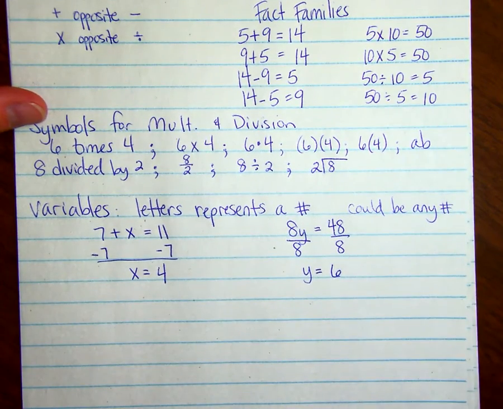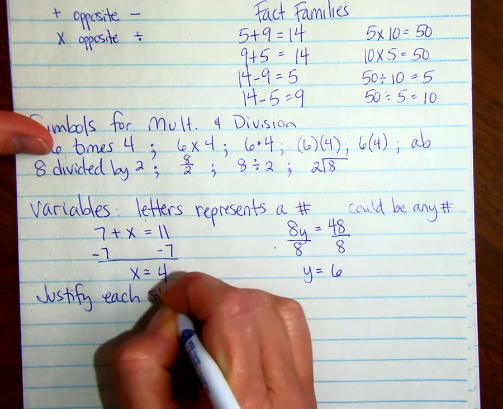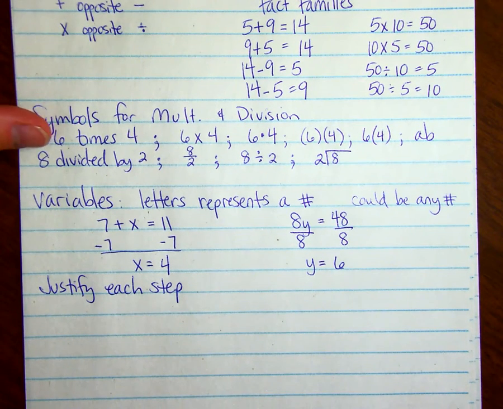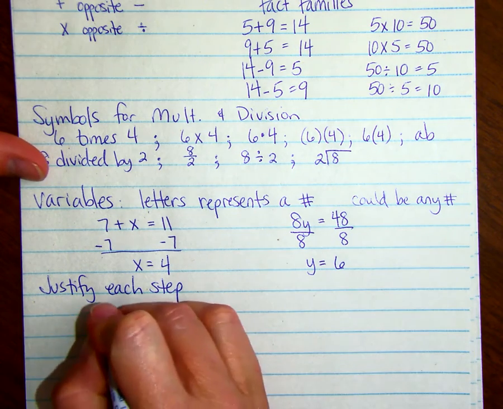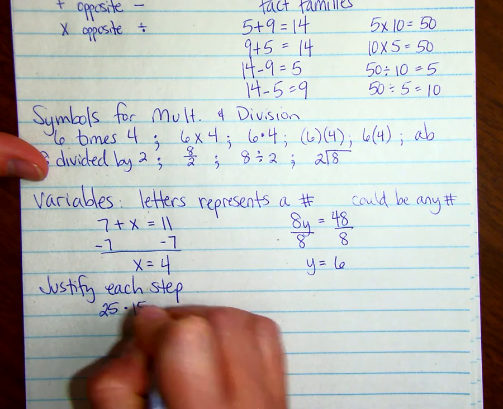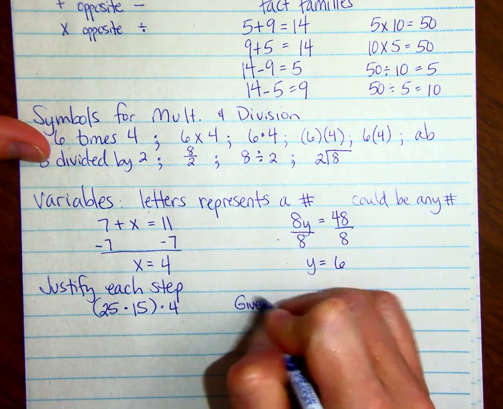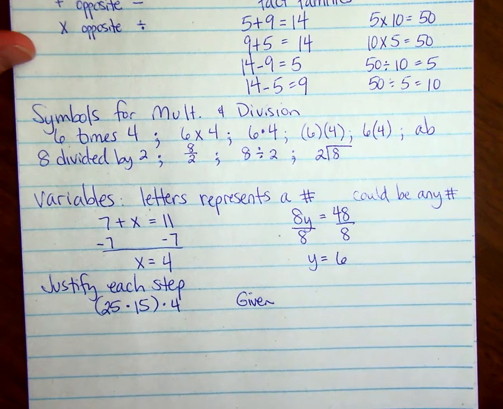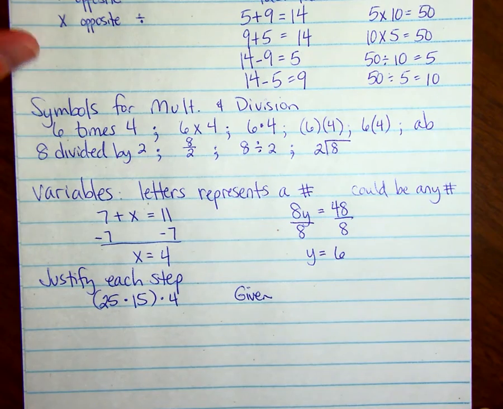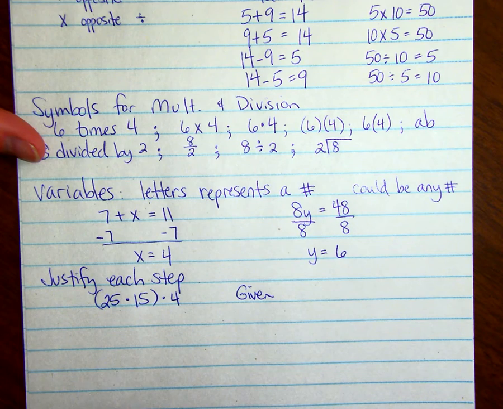Sometimes you're asked to justify each step. I'm going to show you what that looks like. So if the directions say justify each step, you're going to start with the problem that you are given. 25 times 15 in parentheses times 4, and then you write given, because that's what's given. We're going to use some properties here. And I will tell you what page the properties are on in a minute, right after we're done with this.